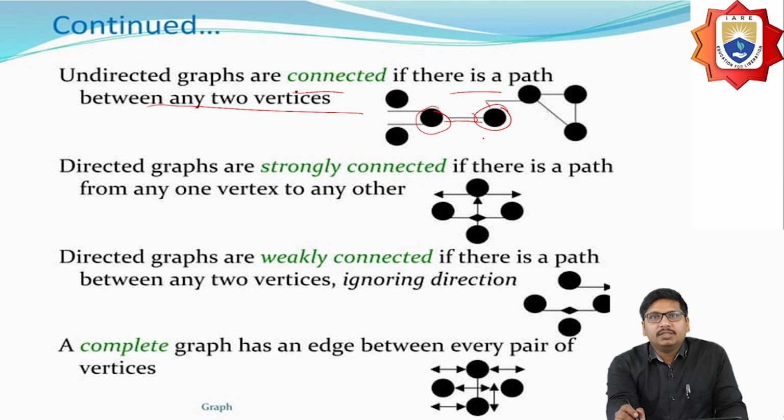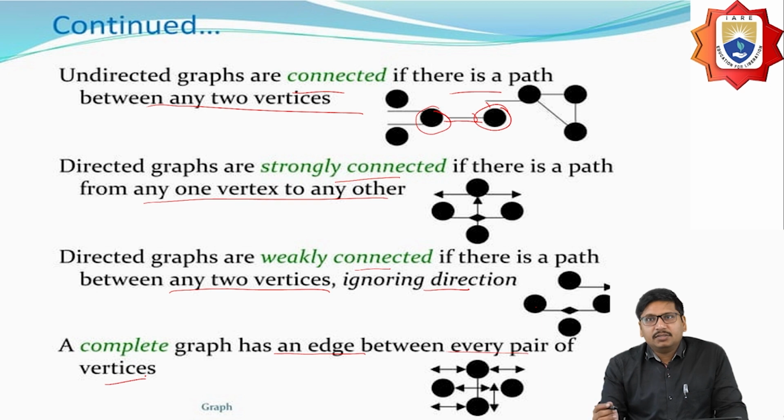Similarly, directed graphs are strongly connected if there exists a path from one vertex to the other vertex. And directed graphs are weakly connected if there is a path between two vertices, ignoring the direction. And a complete graph has an edge between every pair of vertices.